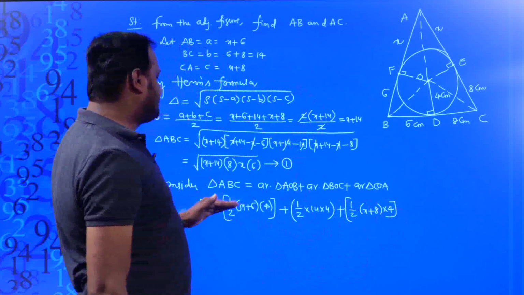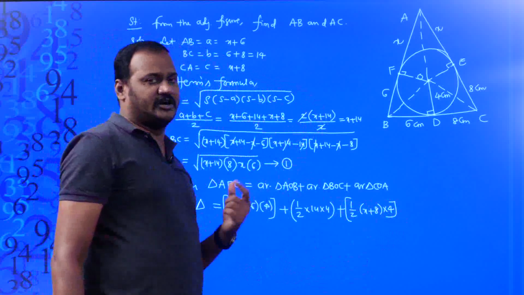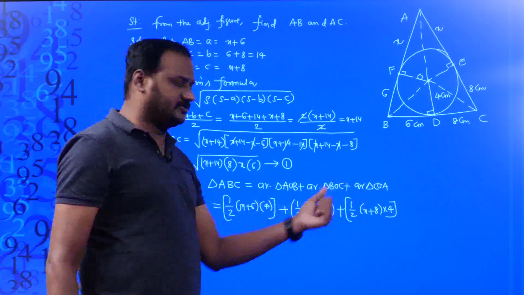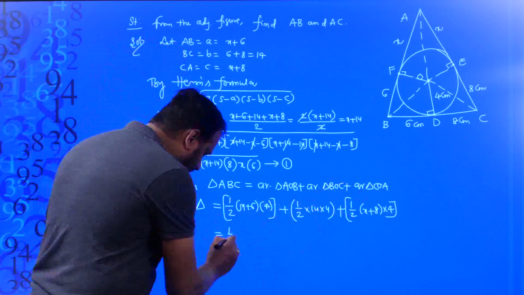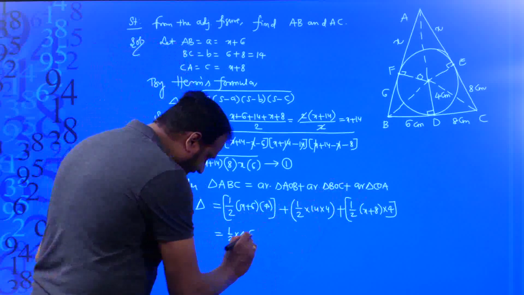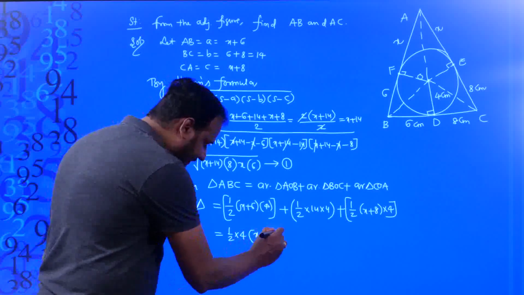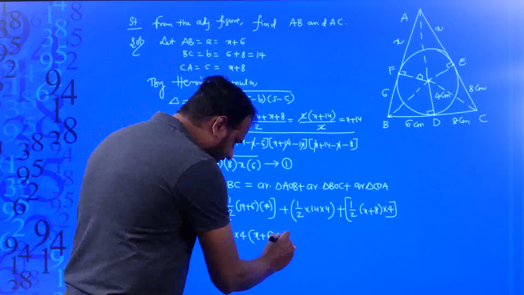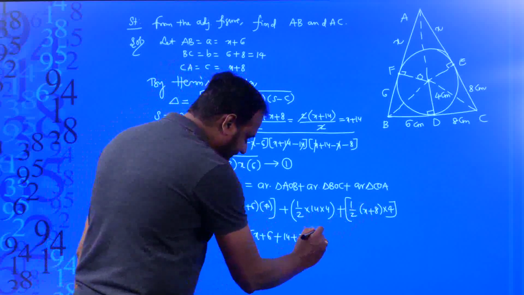When you observe these three different terms, half is common, and 4 is also common. So can I take half into 4 common? So half into 4, remaining terms here x plus 6, plus here only 14, and here x plus 8. Got it?